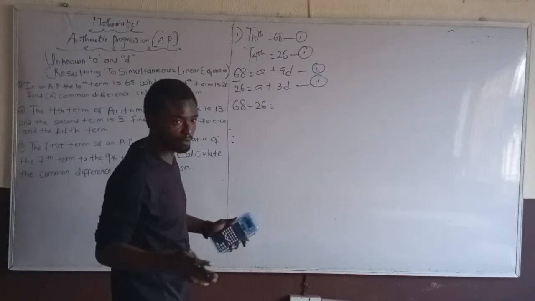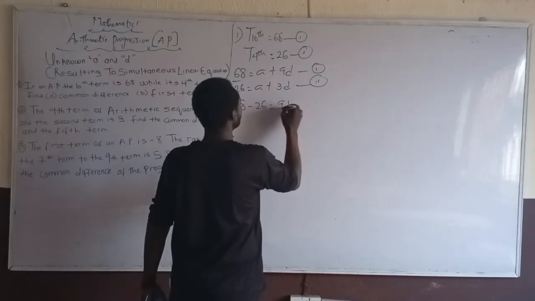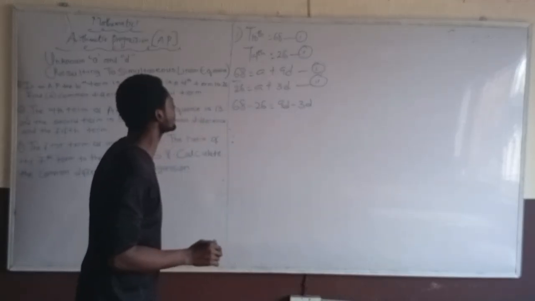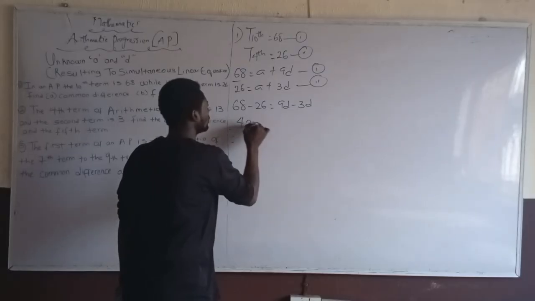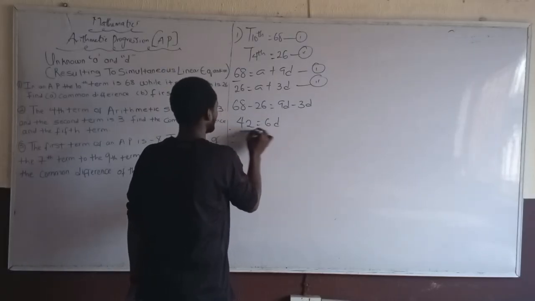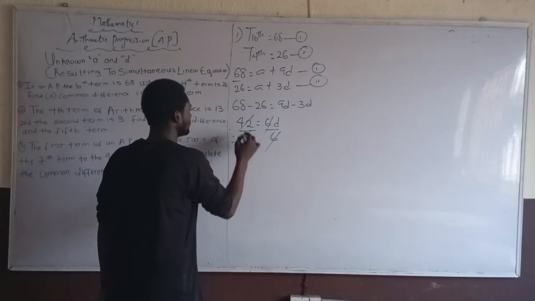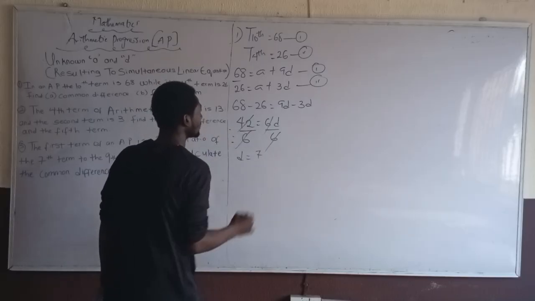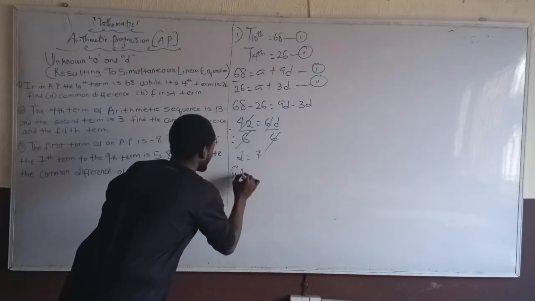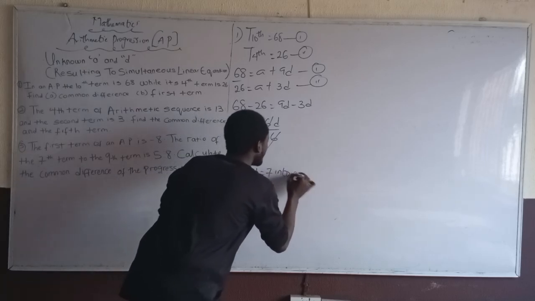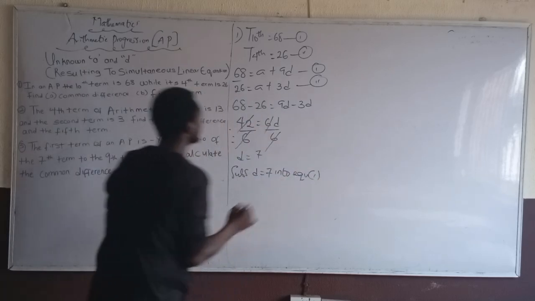A minus a is 0, equals 9d minus 3d. 68 minus 26, that is 42, equals 6d. Divide by 6, divide by 6. This cancels this cancels this. My d is 7. Substitute d equals 7 into equation 1.